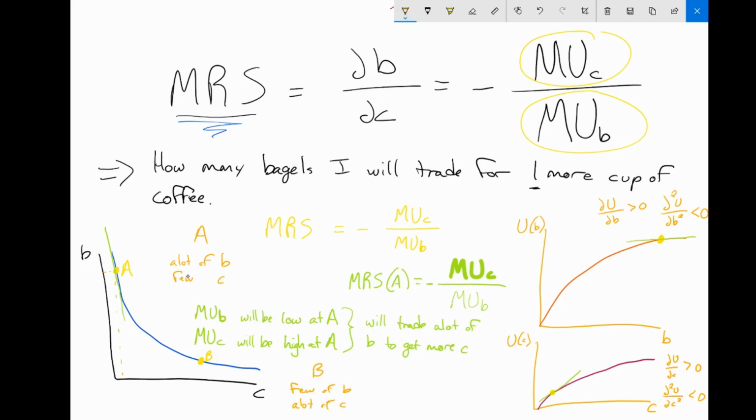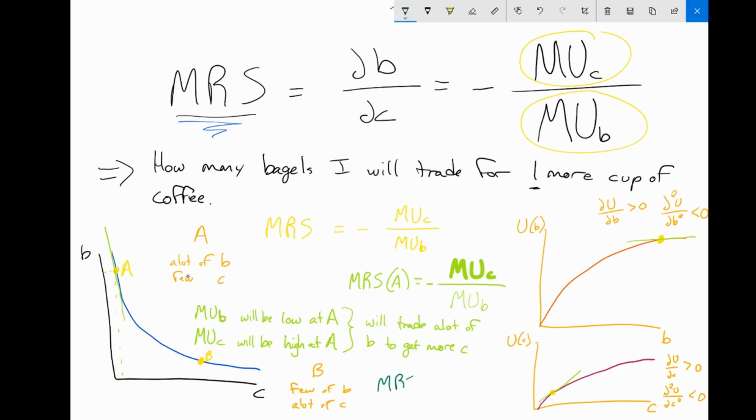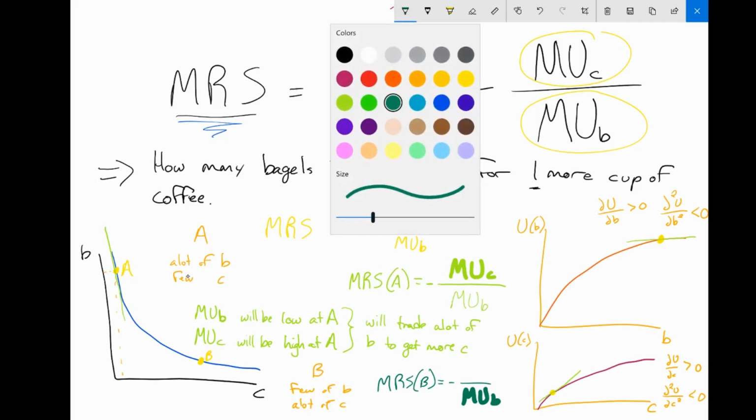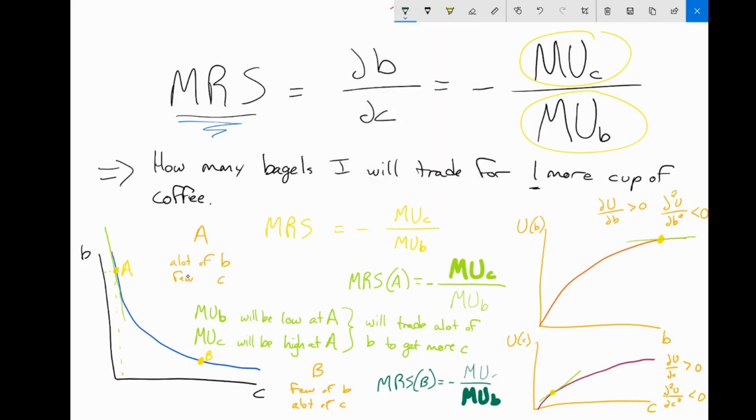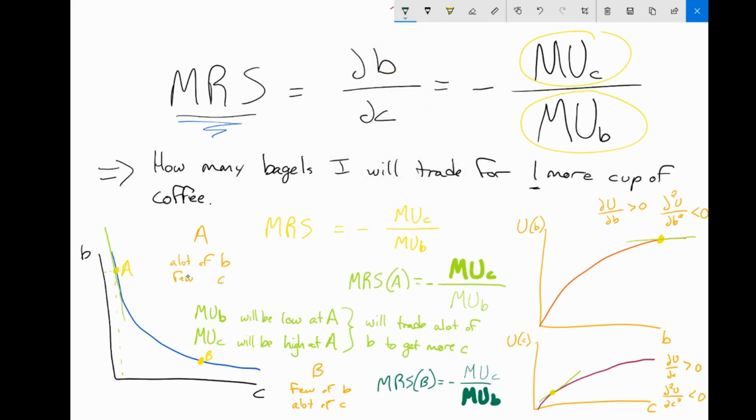That means that the marginal utility of bagels will be very high, and it means that the marginal utility of coffee will be very low, which means the marginal rate of substitution at point B will be equal to, marginal utility, I've got it backwards. All right, the marginal utility of B will be very high, while the marginal utility of C will be very low.